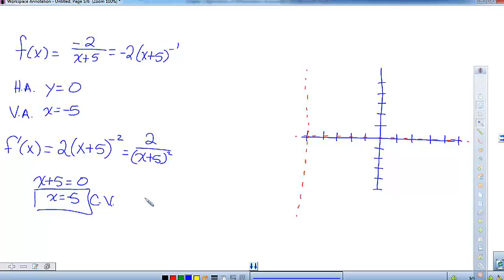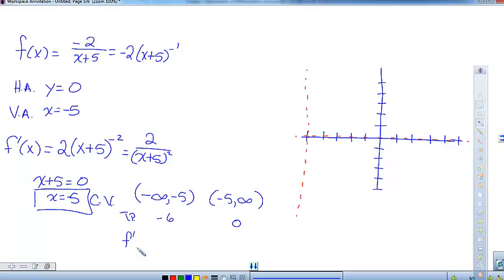We're going to look from minus infinity to minus 5, and then minus 5 to infinity. We'll pick a test point, and then another one over here would be 0. And we just want to know, is the function increasing or decreasing in these intervals?